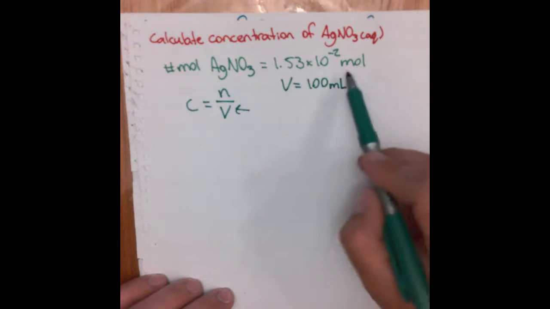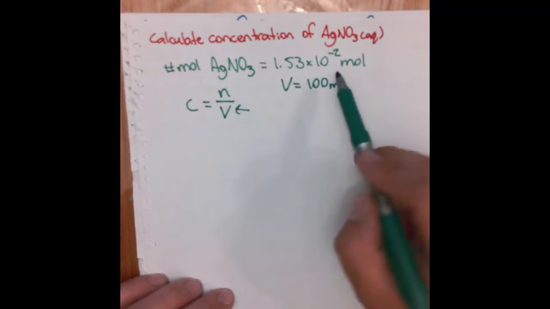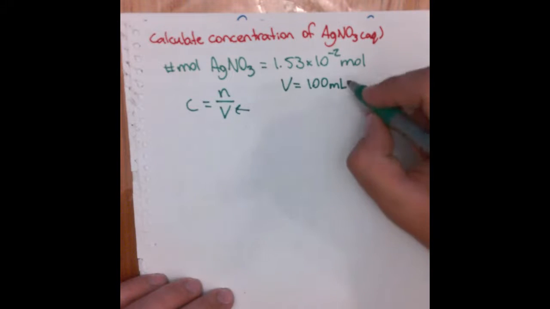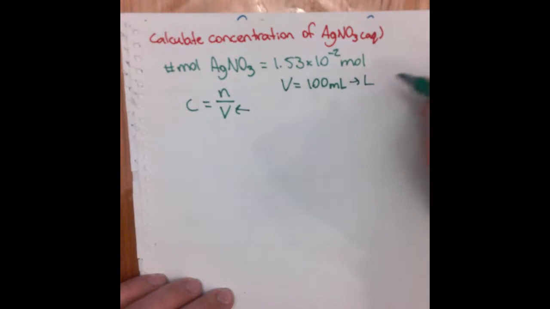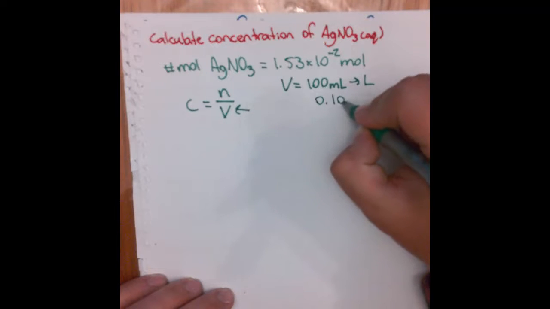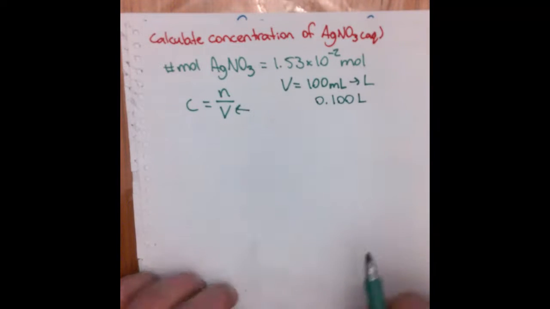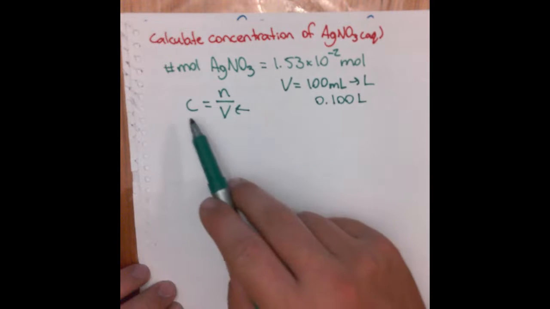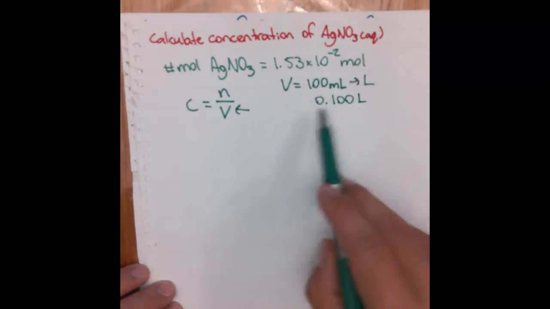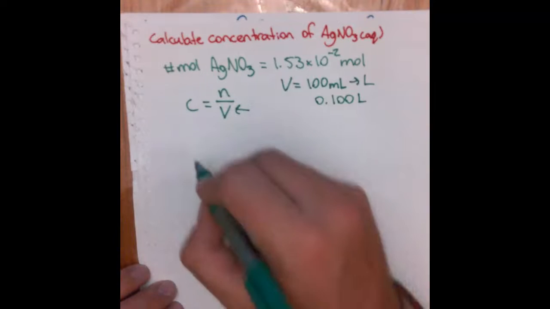But we can't input that into this equation because we are dealing with concentration in moles per liter. So I have to convert that to liters. So 100 milliliters is going to equal 0.100 liters. So I have my number of moles, I have my volume, so now I can just solve for my concentration.